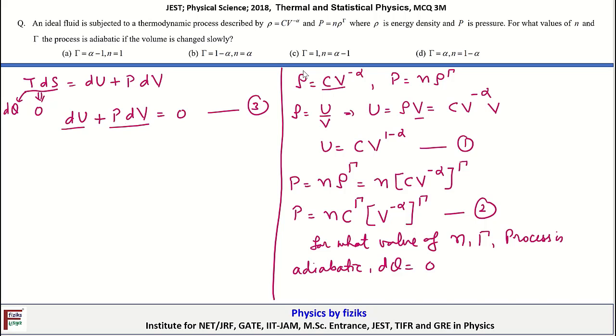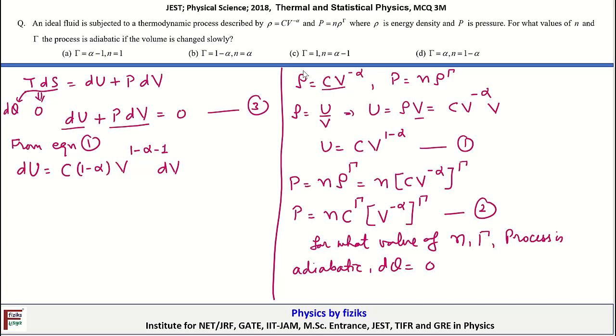So from equation 1, dU is equal to C, it's a constant, and then 1 minus alpha, V to the power 1 minus alpha minus 1, and then dV.